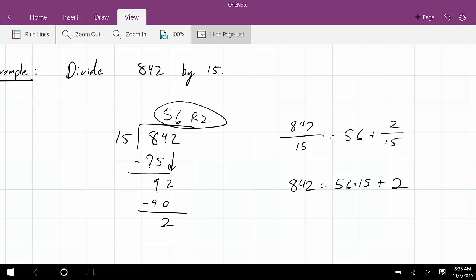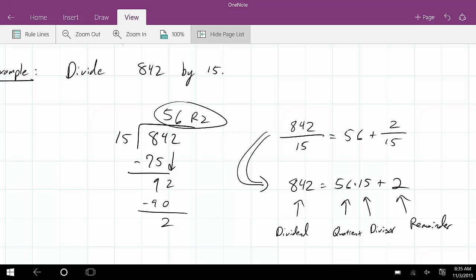So in this form, you can see that the dividend is equal to the quotient times the divisor plus the remainder. Okay? So these are two identical ways that you can express this information that we found by doing long division.